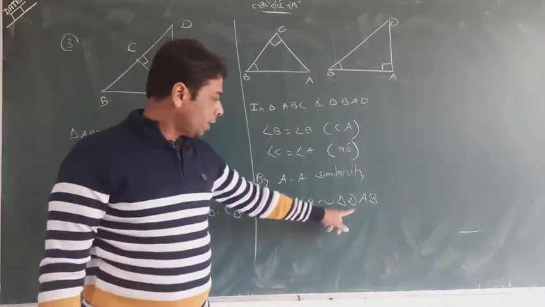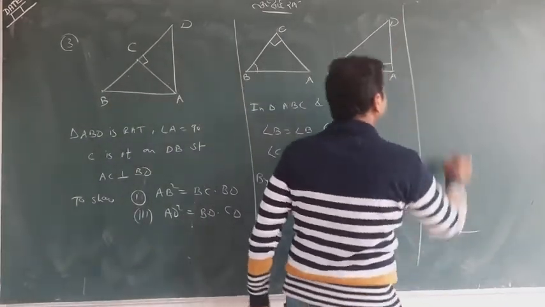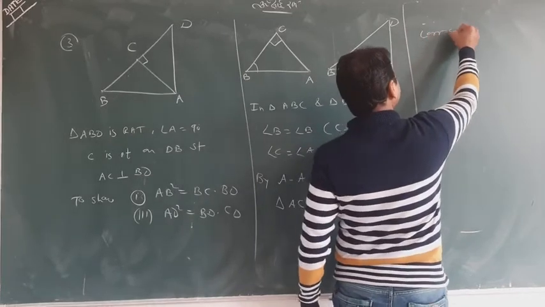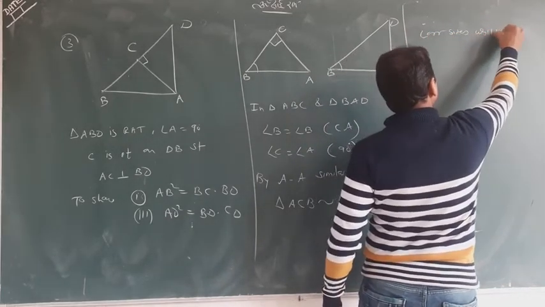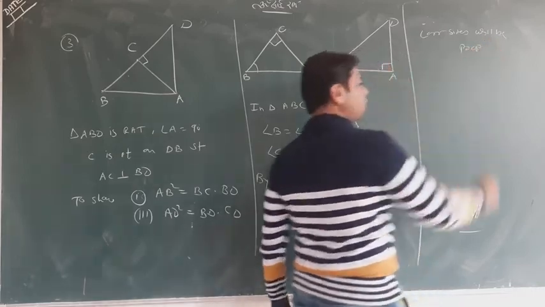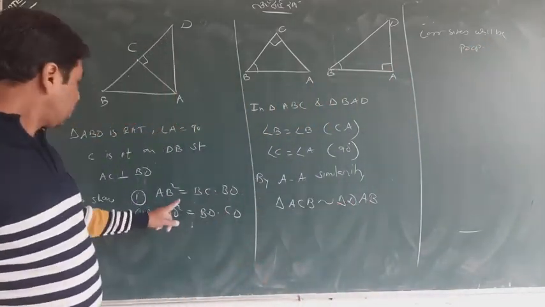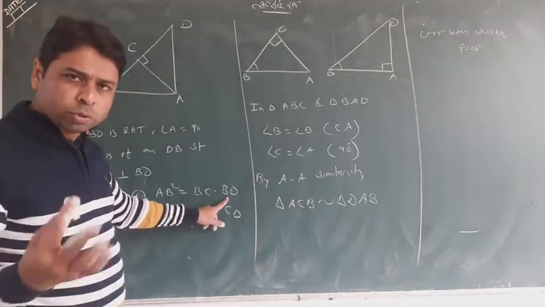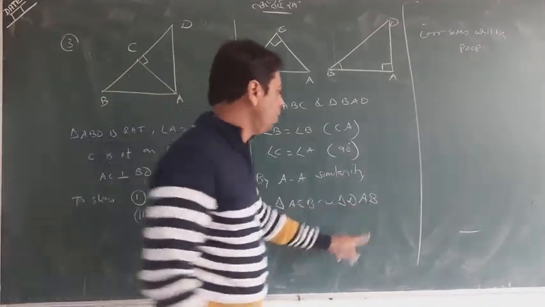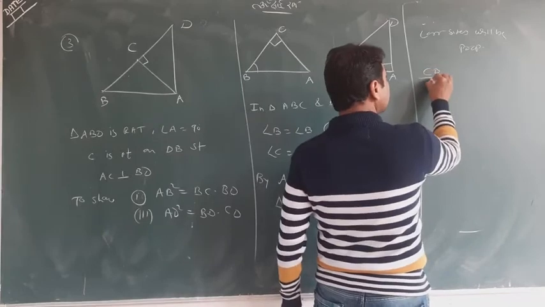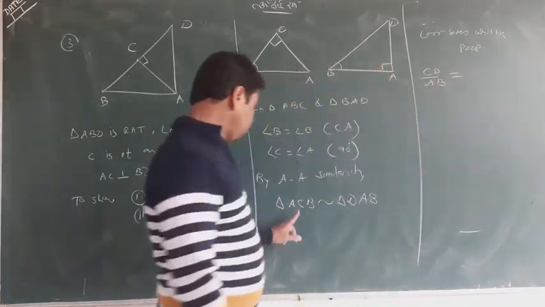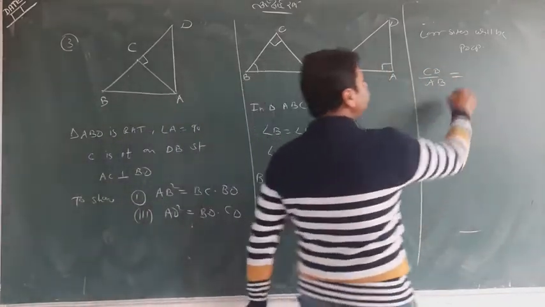When two triangles are similar, corresponding sides will be proportional. AC upon DA? Does AC and DA come here? No, so don't write. CB upon AB, yes it is. And AB upon DB.